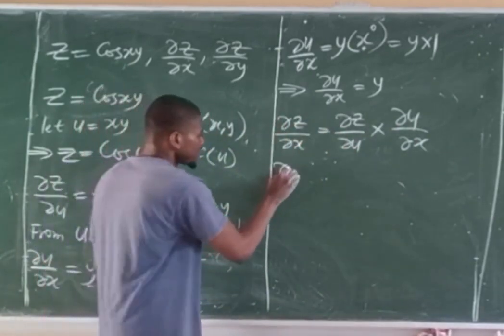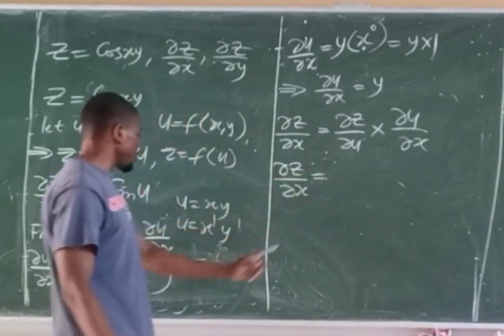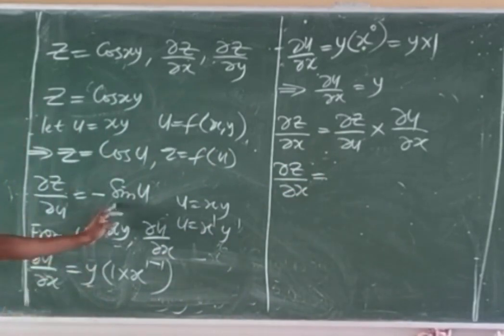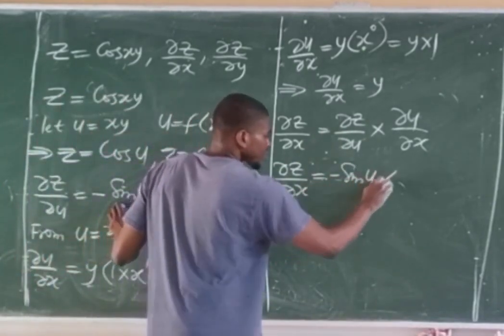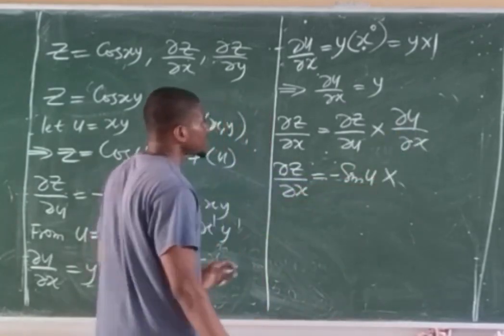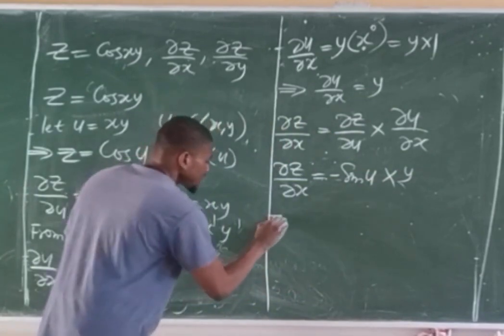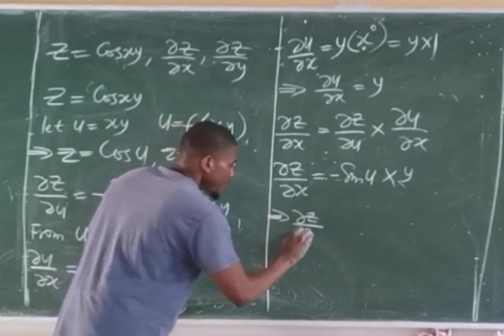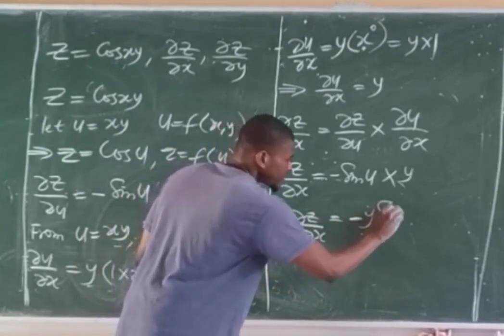So partial z, partial x is equal to minus sine u times y, which is minus y sine u.